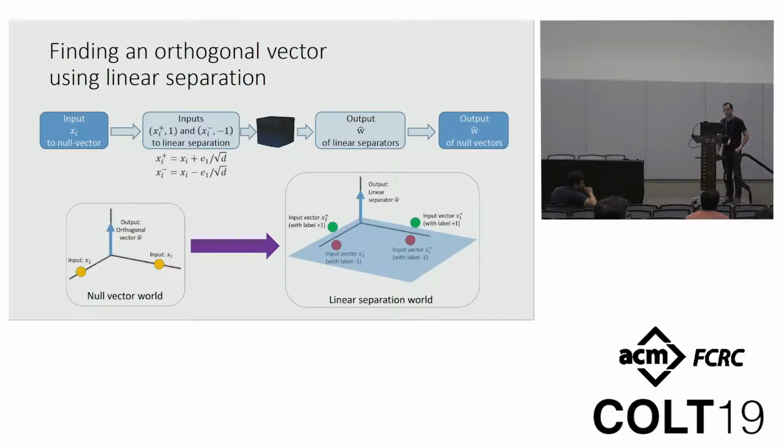Now we'll show that linear separation is also harder than finding an orthogonal vector. Again, we are getting some inputs to the orthogonal vector problem, and we'll show how to create a data set such that any separator will be an orthogonal vector.